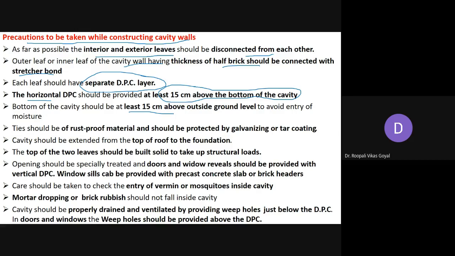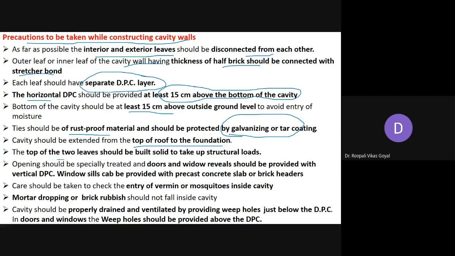The ties should be rust proof material and should be protected by galvanizing or tar coating. So to prevent rusting you have to use rust proof material; it can be galvanized and it can be coated with tar. And the cavity should be extended from the top of the roof to the foundation. So that is as per requirement.